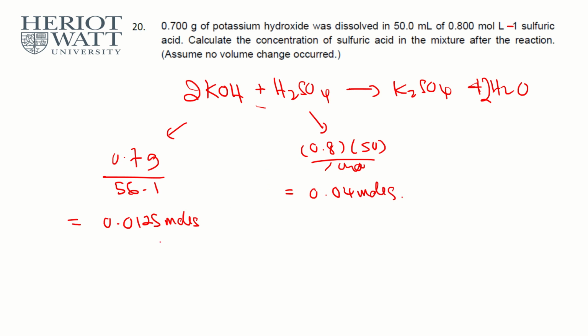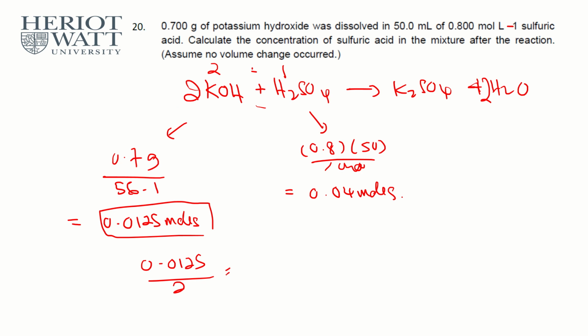Again, I'm taking the smaller one to compare and check how much sulfuric acid is needed. If I have 0.0125 moles of KOH, how much sulfuric acid is needed? You just use this mole and the ratio is 2 to 1, so divide by 2.